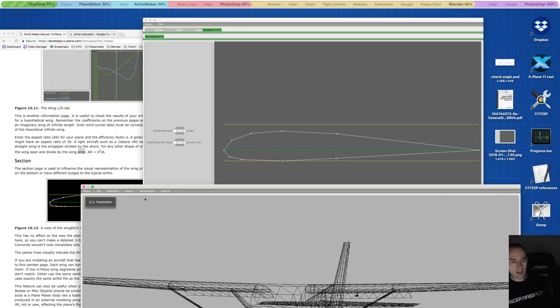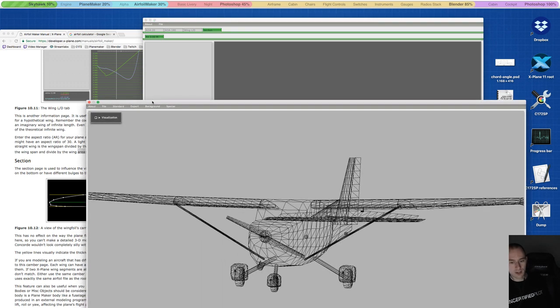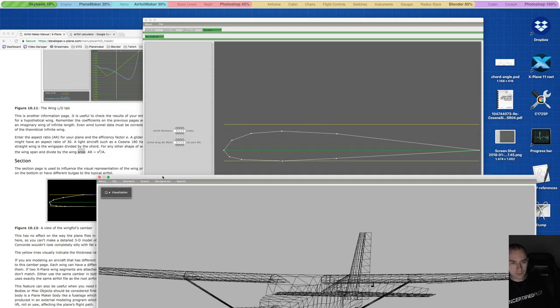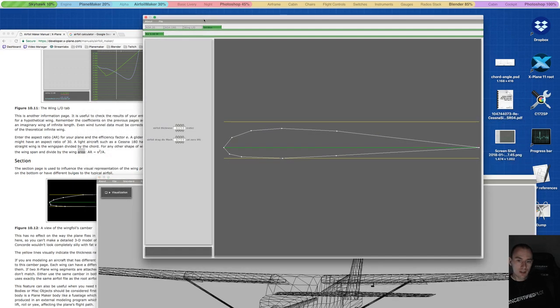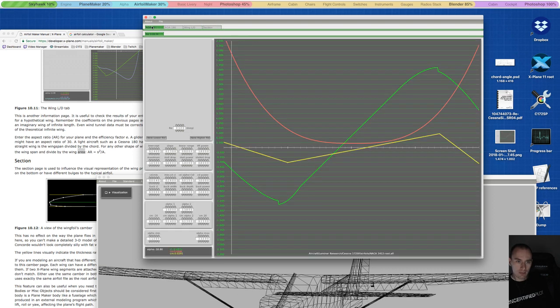So we are actually making quite some good progress with our Skyhawk. It seems much more precise, which is good. So we need information.